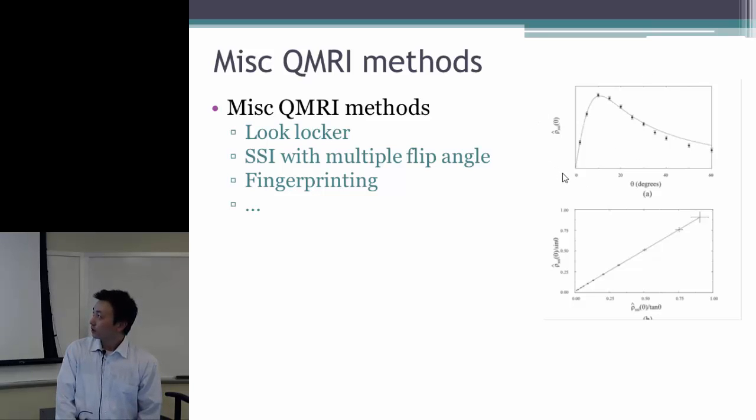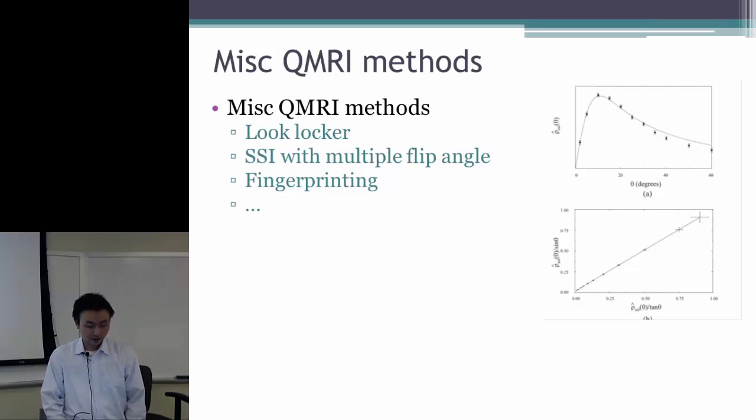So for a tissue with a certain T1, we can estimate the T1 by collecting all these points and doing the regression for this signal curve. And also, there's this fingerprinting method that I just mentioned. It can give you many different parametric mappings and quantifications with just one single scan.